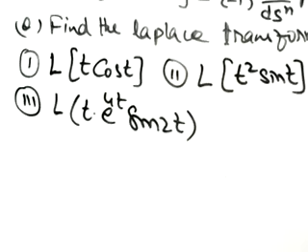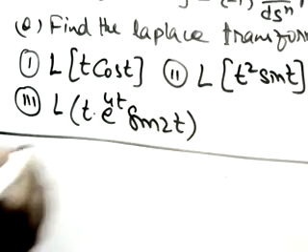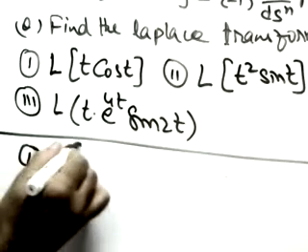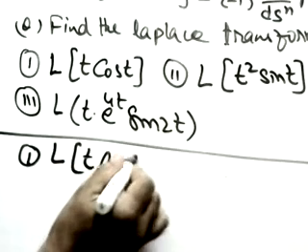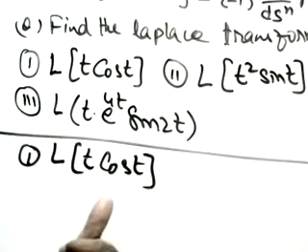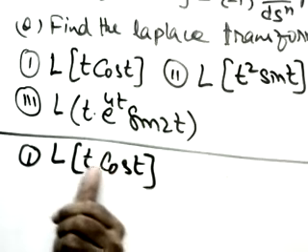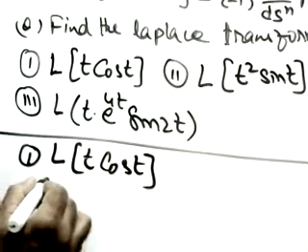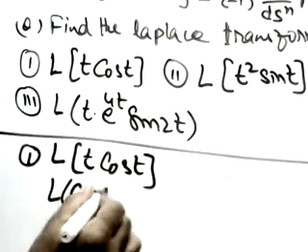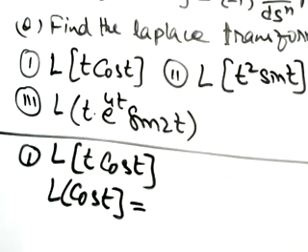Let me do one or two questions based on this method, starting with an easy question. First we have Laplace of t into cos t. How can we recognize this method? When we are multiplying some function with t, you lift it and take the other function, cos t, and find its Laplace.